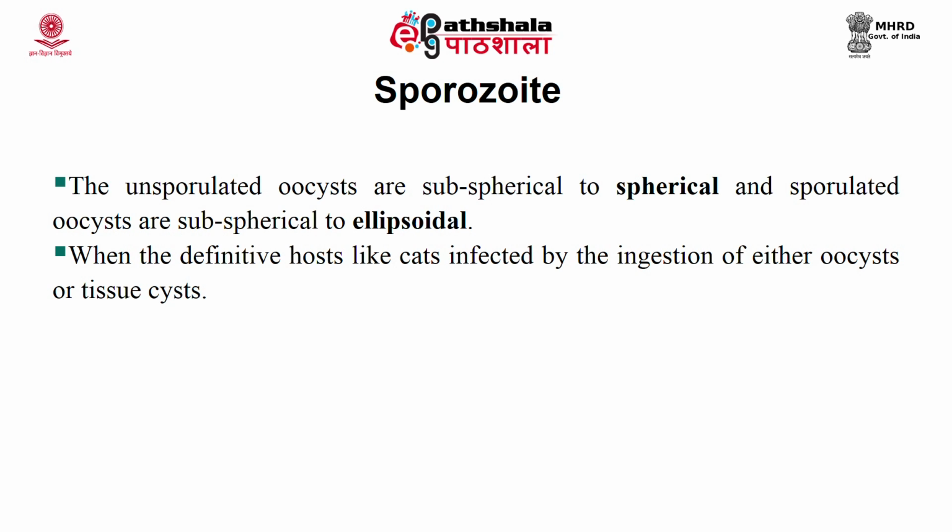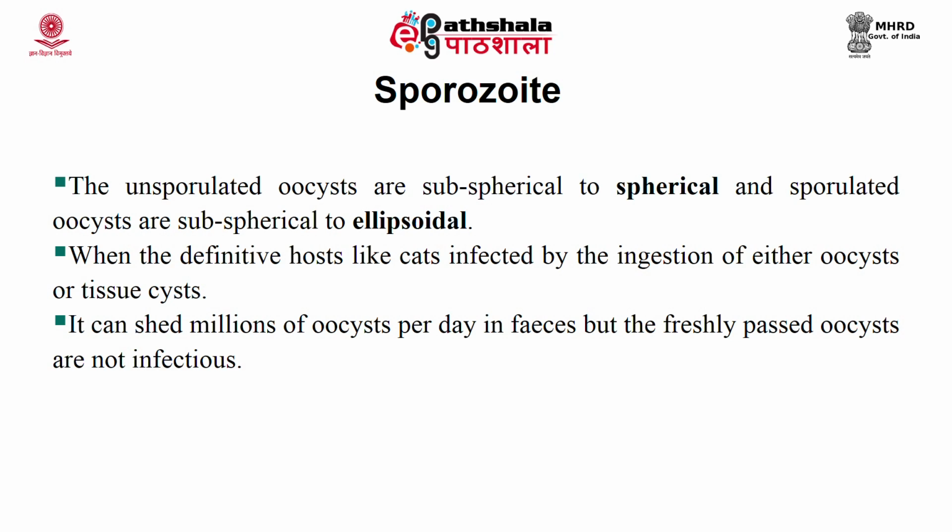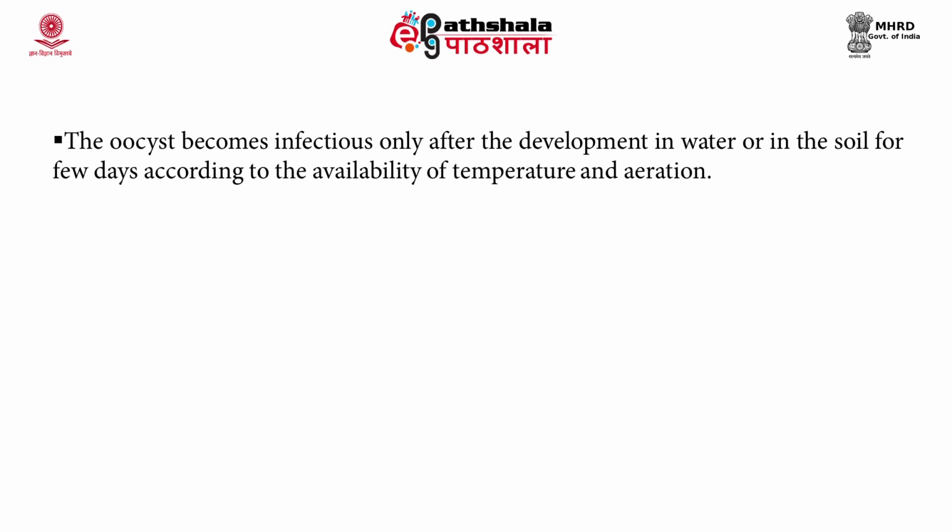But when the definitive hosts like cats are infected by the ingestion of either oocysts or tissue cysts, they can shed millions of oocysts per day in feces, but the freshly passed oocysts are not infectious. The oocysts become infectious only after development in water or in soil for a few days, according to the availability of temperature and aeration.